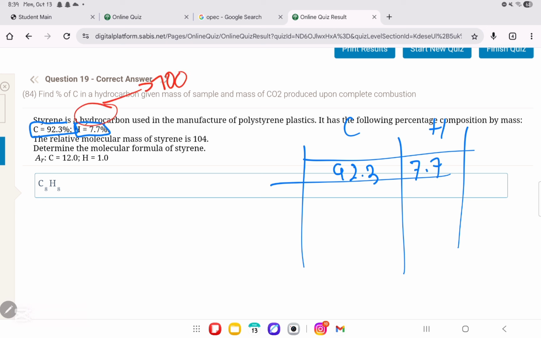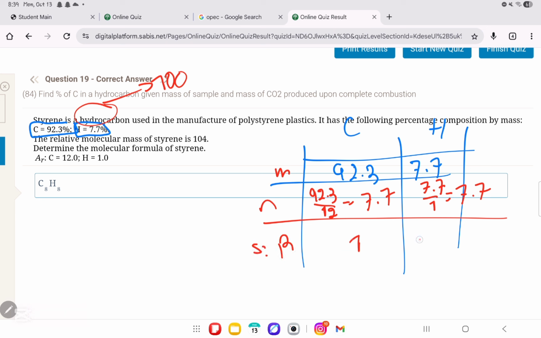100, right? That means if we were to find the number of moles, it would be mass over molar mass. So 92.3 over 12, how much is that? That's going to be almost 7.7, and then 7.7 divided by 1, that's 7.7. So now we get the simplest ratio, 1 to 1. So the empirical formula is CH.